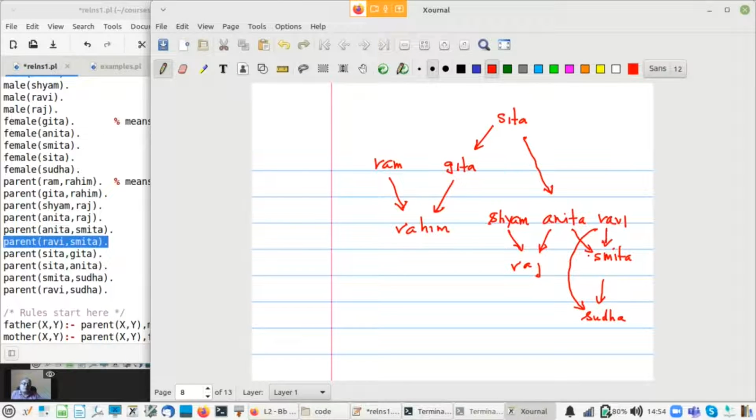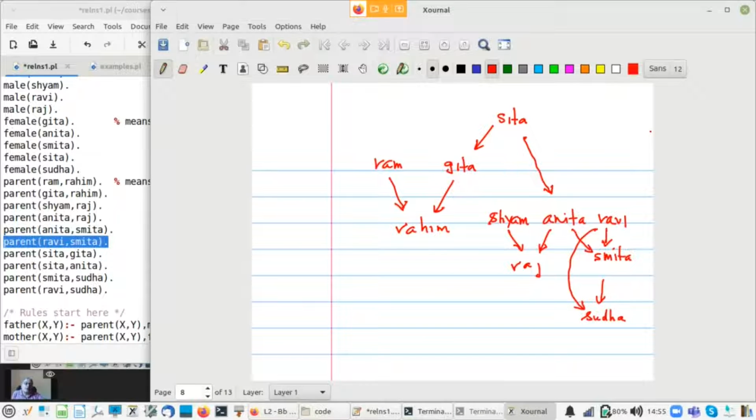So you see some things, right? For example, we have not defined something like separation or divorce. But looking at this tree, you clearly see that something of that kind must have happened. Because Ravi is a parent of Smita and Sudha also. Of course, we don't know whether Anita is a parent of Sudha or not. But if it's not given, we cannot assume anything.